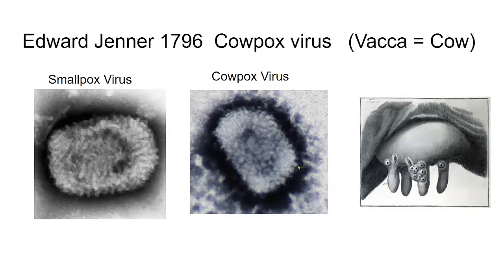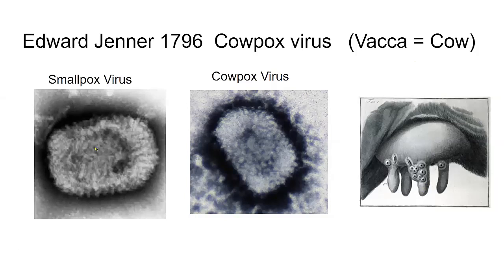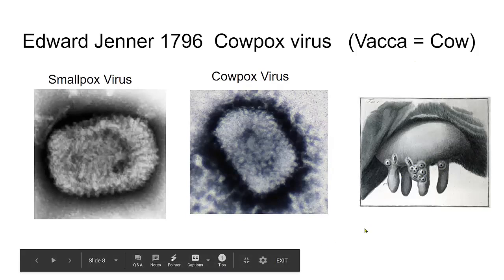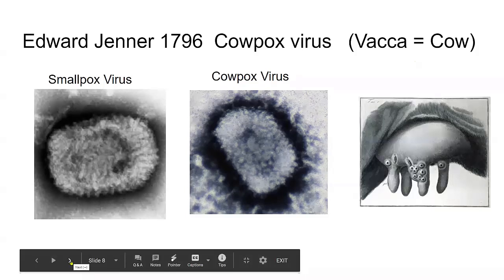And historically, he thought about this because he noticed that milkmaids, those who were milking cows, were very unlikely to get smallpox. So what in their occupation made them immune? He thought maybe it's this, maybe it's this. So it was a brilliant leap of scientific intuition that gave us the ability to fight smallpox.